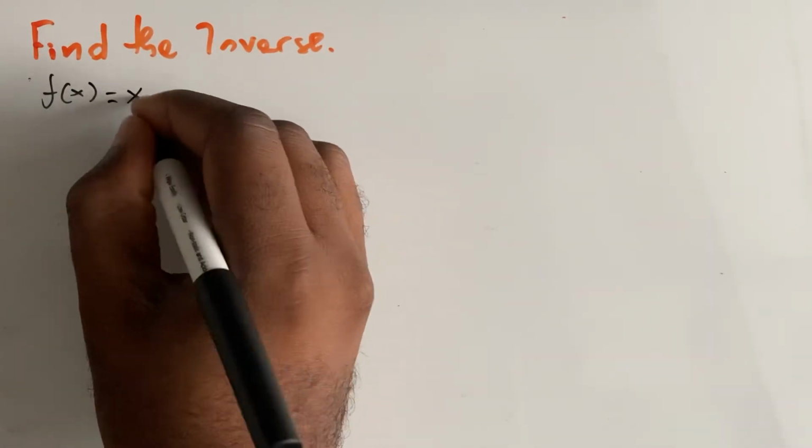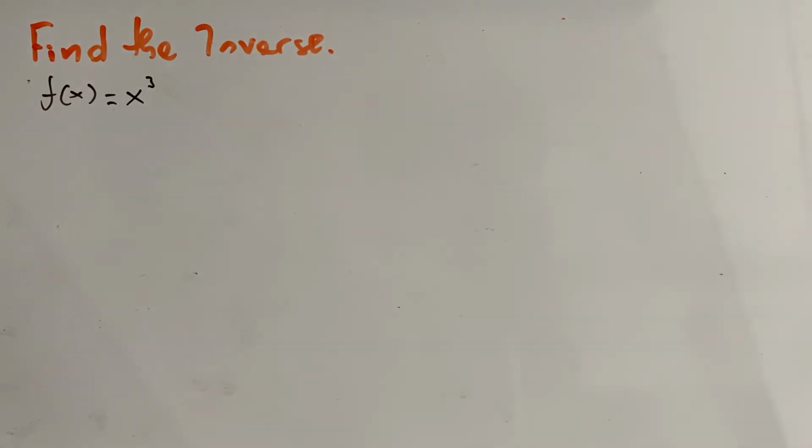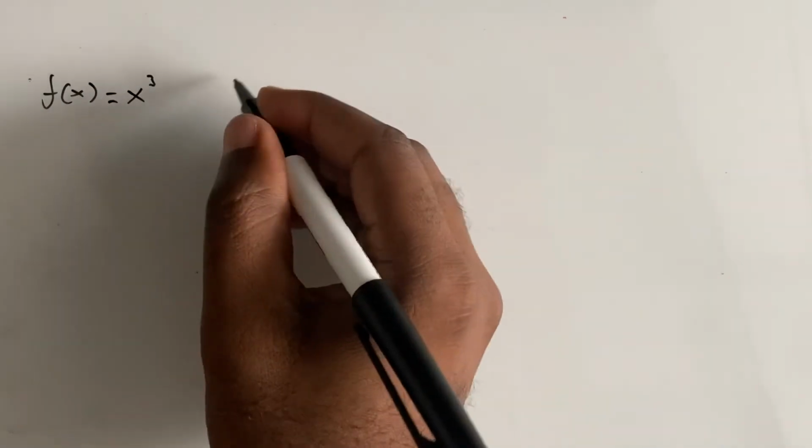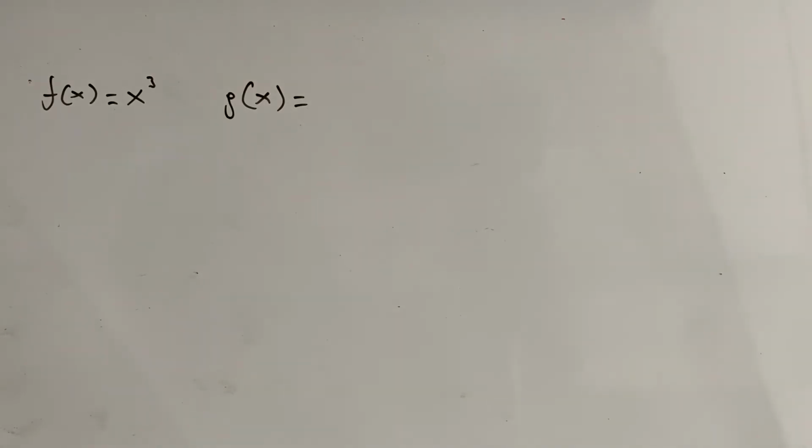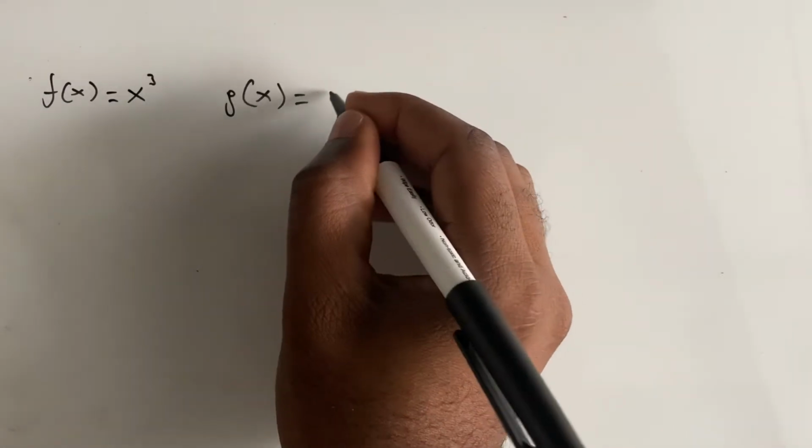Let's take this example just to explain how to check to see if two functions are inverses of each other. So you have f of x and g of x equals x to the 1/3.